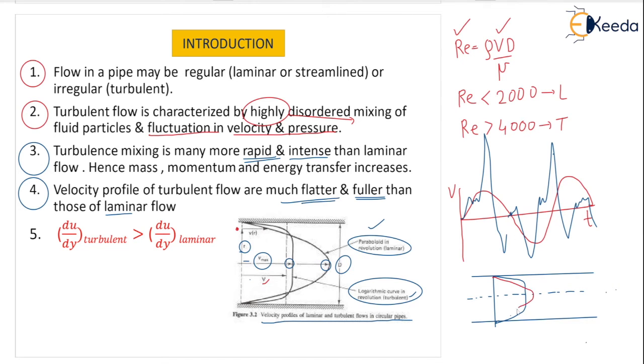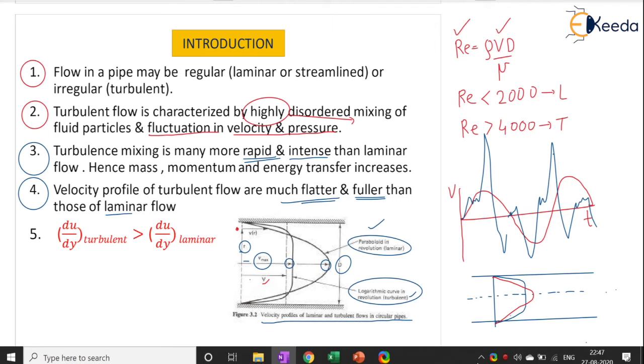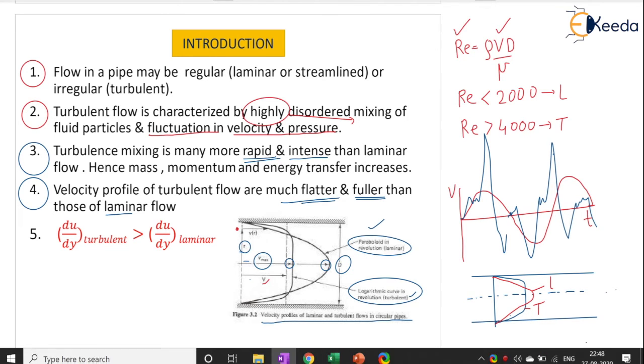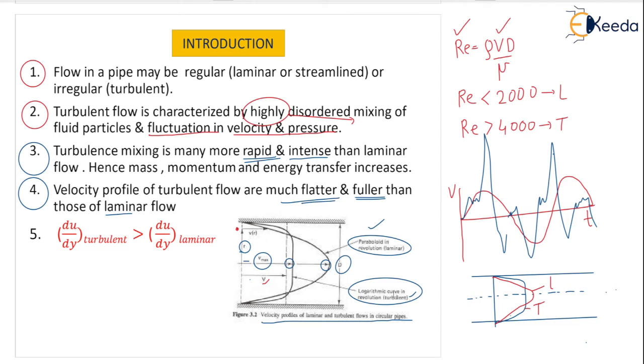Parabolic. Correct. So almost similar like this you can see. So the difference is very clear. The red color is your laminar and the blue color is your turbulent. Correct. So I hope the velocity profile is clear. So if the profile is flat and fuller at the center, then it is called a logarithmic profile. Okay, it is mentioned here.